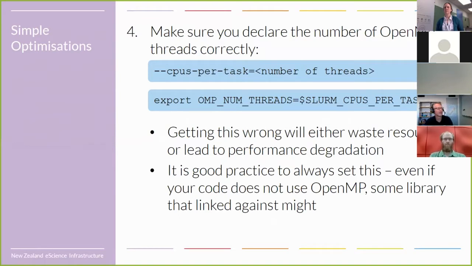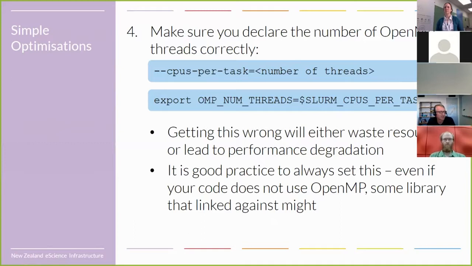And the last one that I have for today is OpenMP. For OpenMP, you need to declare to Slurm how many cores you need for each task, so for each process that you run. You do that by setting CPUs per task, and at the same time you also need to set the environment variable OMP_NUM_THREADS, where you have to be sure that you set it to the same value.